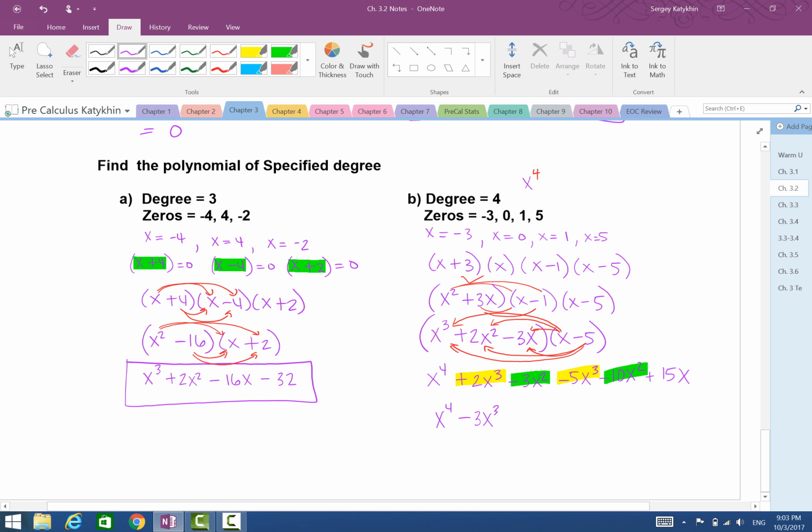Negative 3x squared plus a negative 10x squared will give us negative 13x squared. And last but not least, we have positive 15x. And that will be our polynomial, a specific polynomial that has a degree of 4 and has zeros at negative 3, 0, 1, and 5.